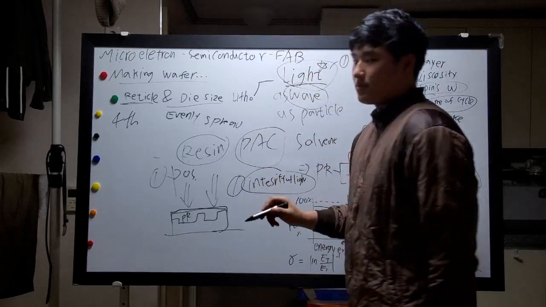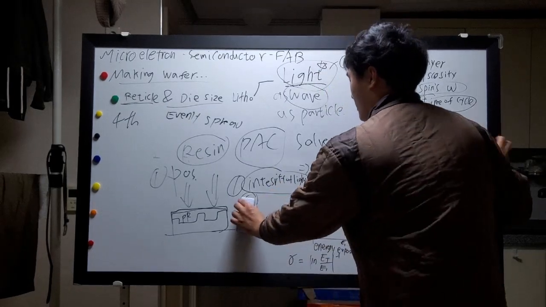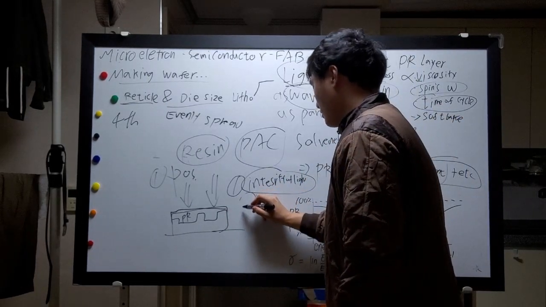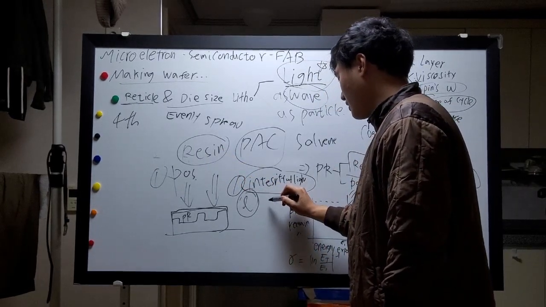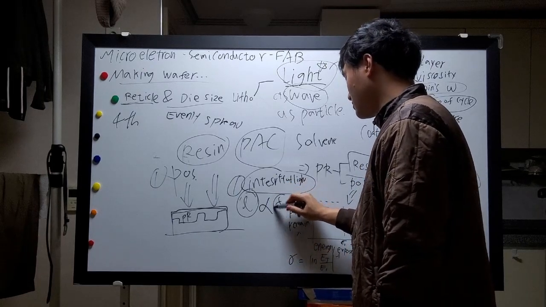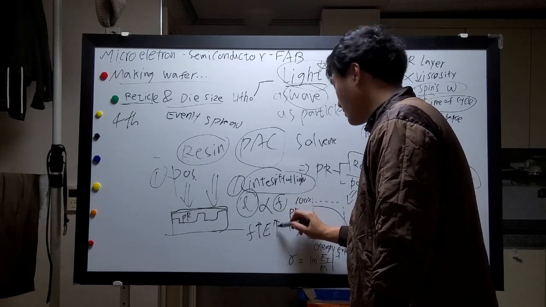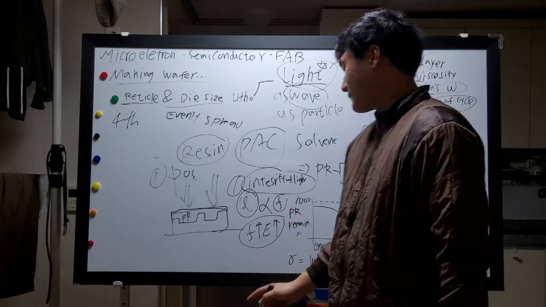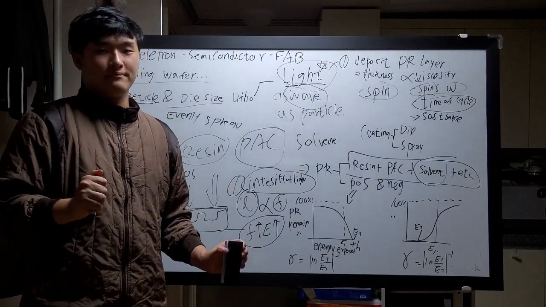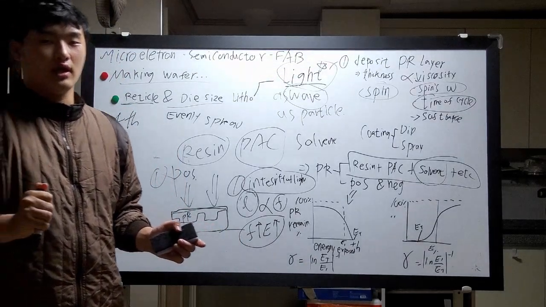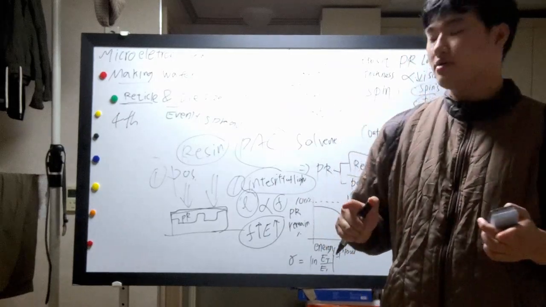Okay, so the intensity of the light will be related to the frequency. Oh, sorry, the length of the light wave will be related to the frequency. And if the frequency is higher, then simply, the more energy the light will have. So if you don't have enough energy at the surface, then the PR will not be hardened or weakened, whether in the positive way or the negative way.